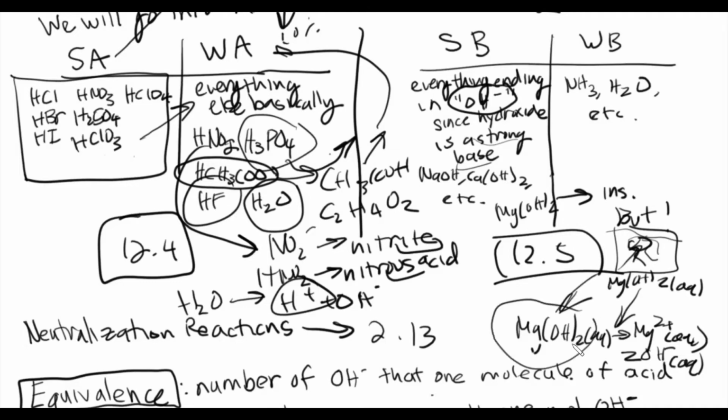So upon dissolving, an Mg(OH)2 that dissolves will almost nearly 100% of the time split into Mg2+ and two OH-.